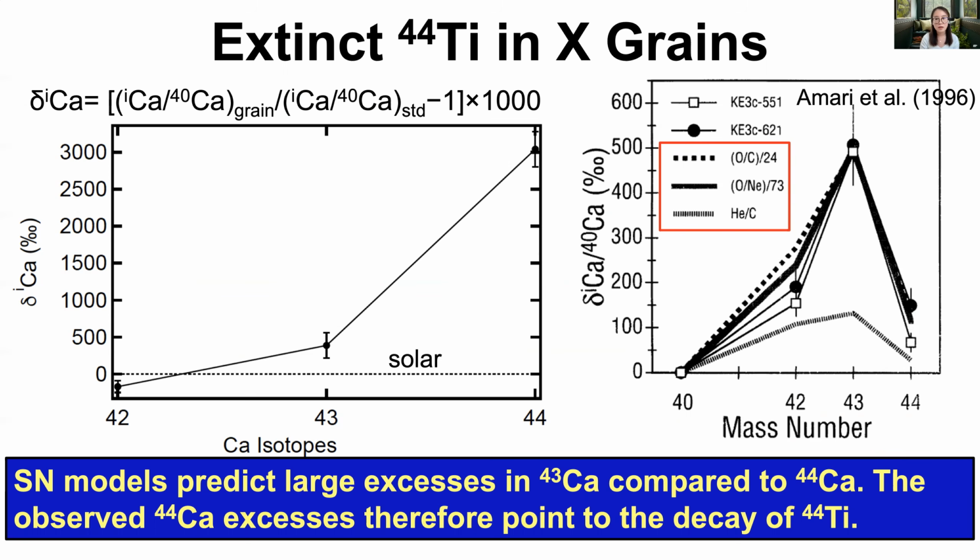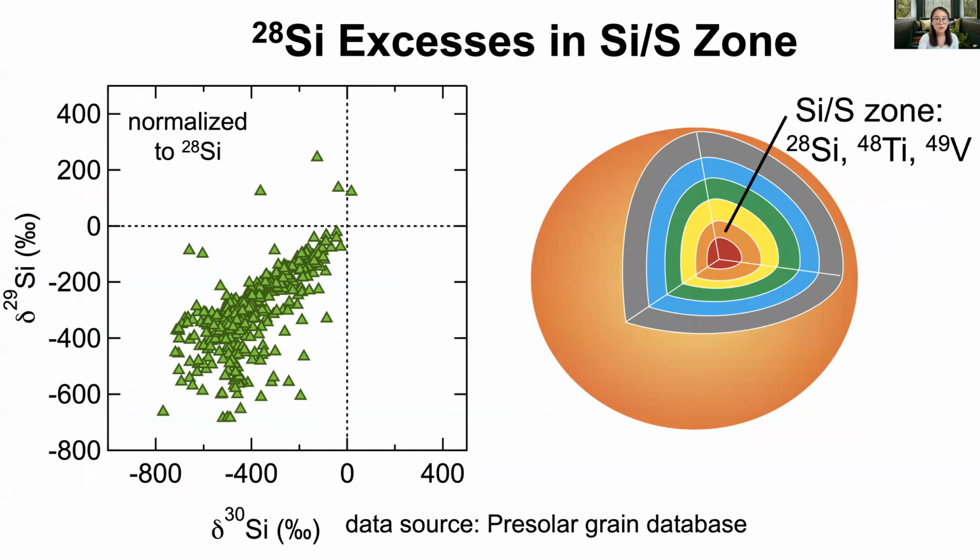And in the following slides, I'm going to show you an example of using the isotopic data for X grains to constrain the dust formation timing after the supernova explosion. Shown here are the silicon isotopic compositions of X grains. Again, the solar system value is 0.